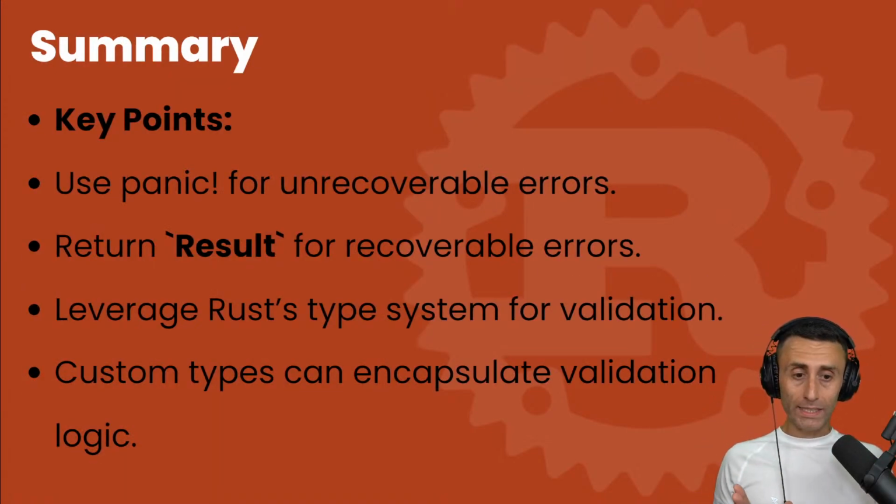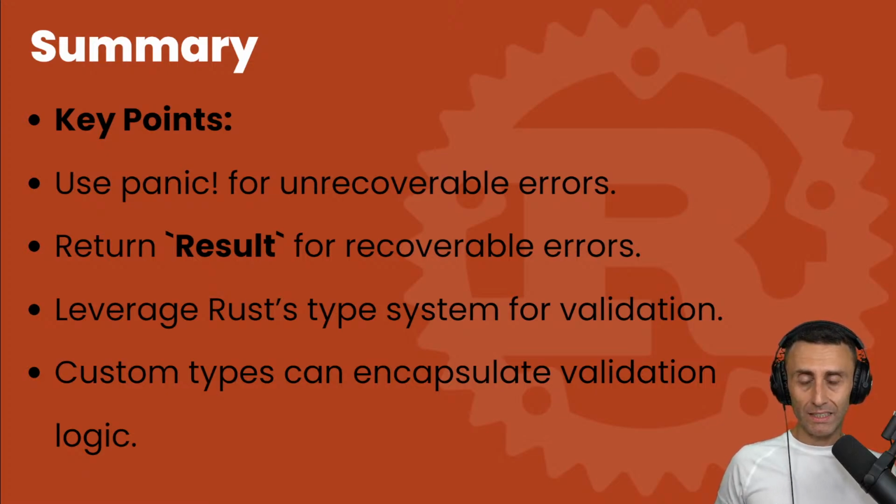Let's make a quick summary. So the key points are that you can use the panic macro for unrecoverable errors and the program will stop executing, or we can return the result type if we want to manage these errors.